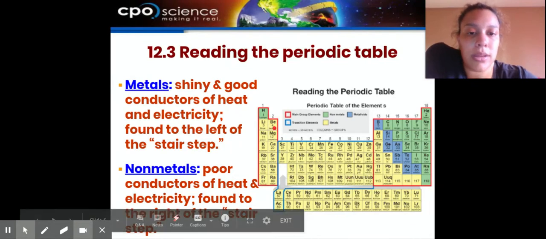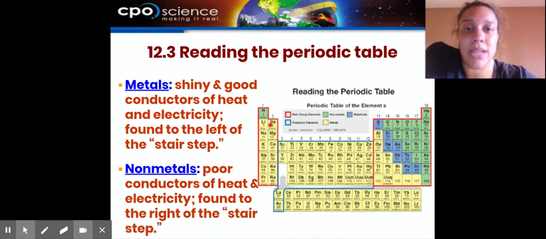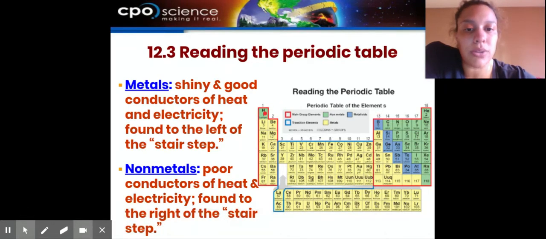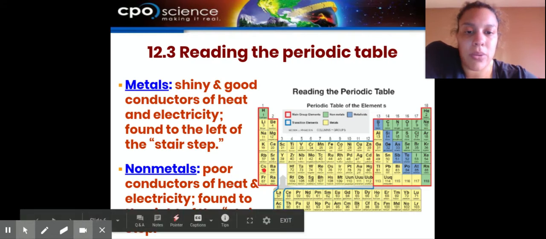So there's a few that are not the same, but these are all metals down here, or the majority of what we see on the periodic table is going to be a metal element, right? And then these are our nonmetals, these green ones over here on the right side. And hydrogen over here also is a nonmetal, right? Hydrogen gas. It just has some characteristics that line up with the rest of these bad boys in that first group.